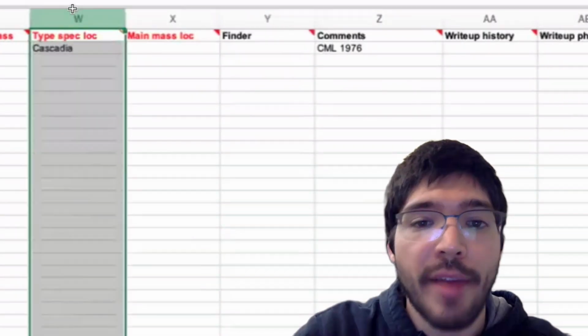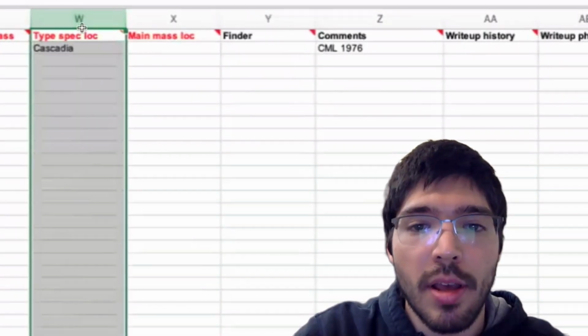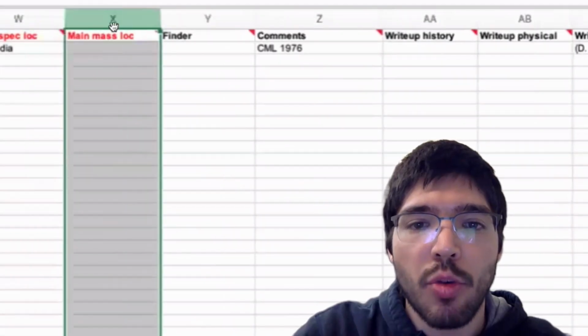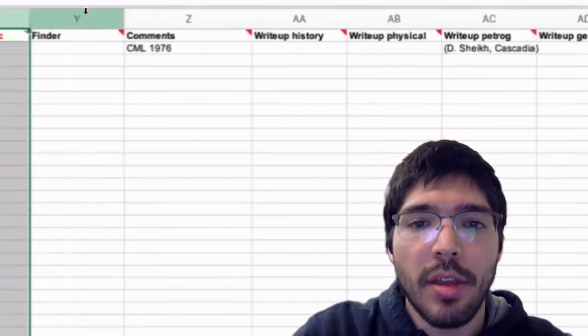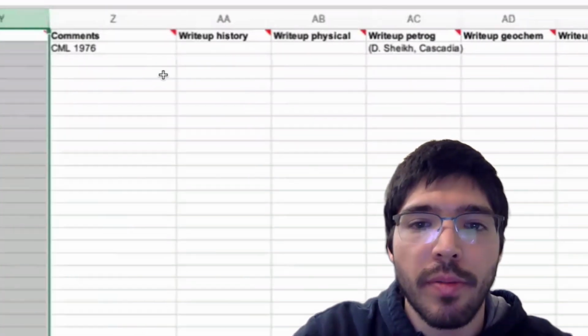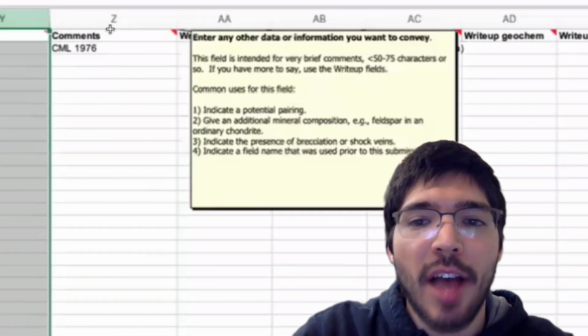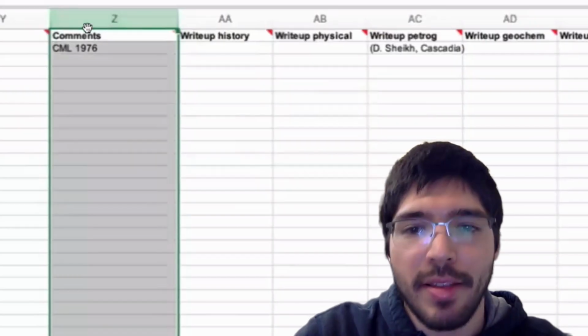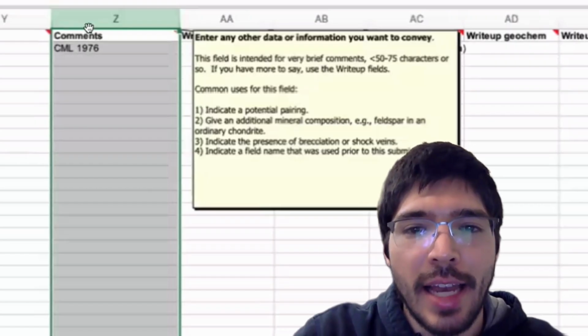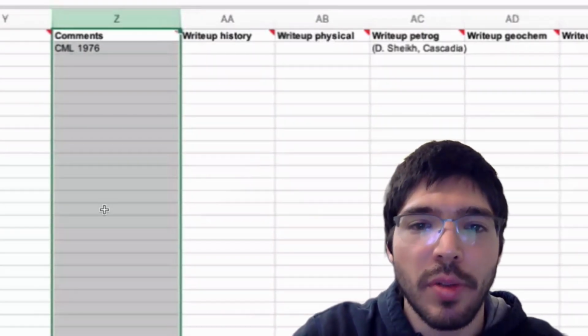This is our type specimen repository location. This is Cascadia. That's what we're listed at. The main mass location would be who has the main mass. The finder would just list the person who discovered the meteorite, or the number of people who have. Now this section is very important. This is comments. So if there's anything else that you want to say that isn't relevant to a particular section, you list it here.